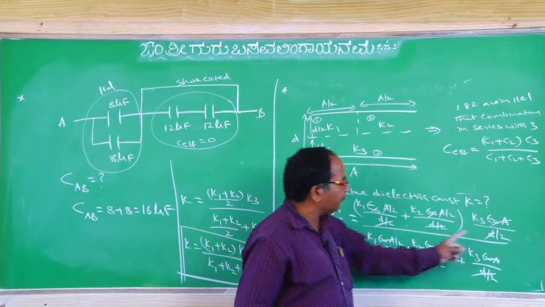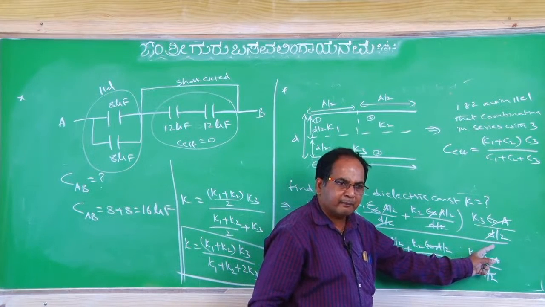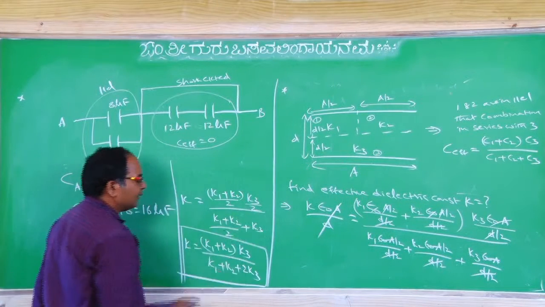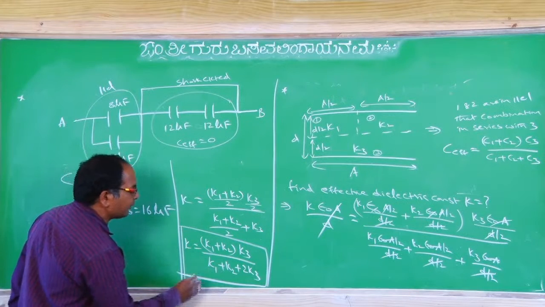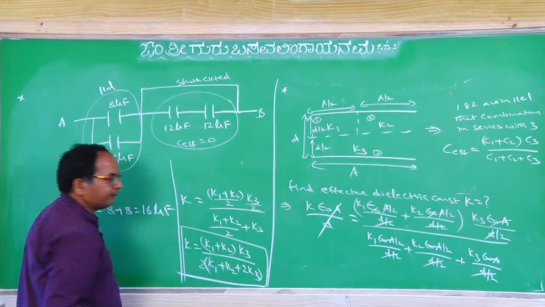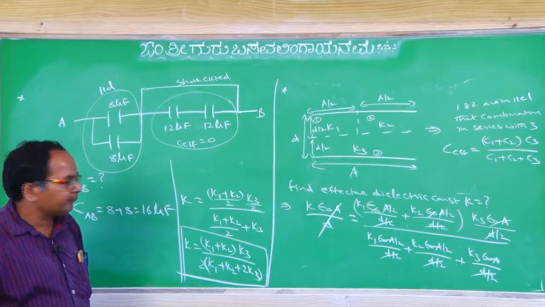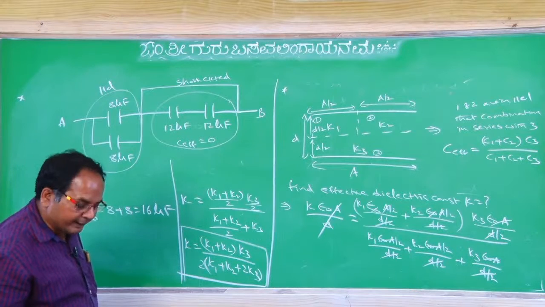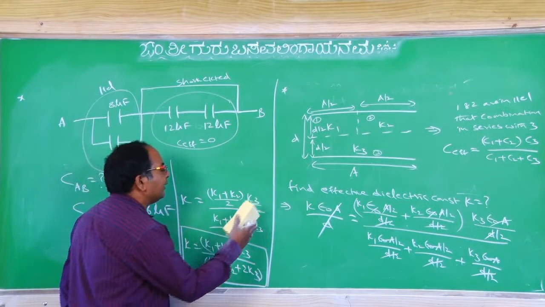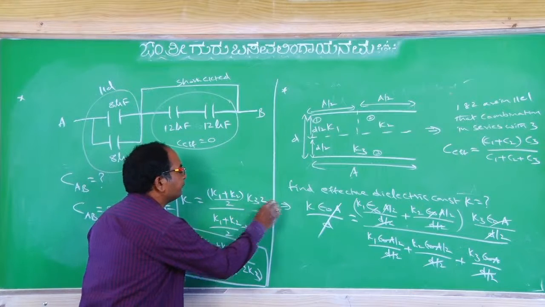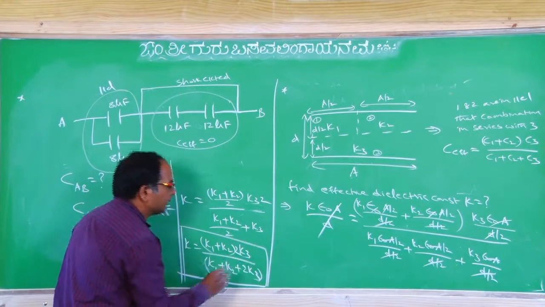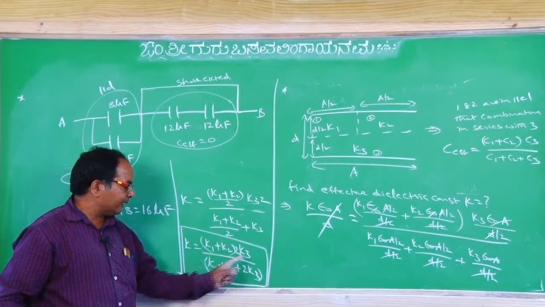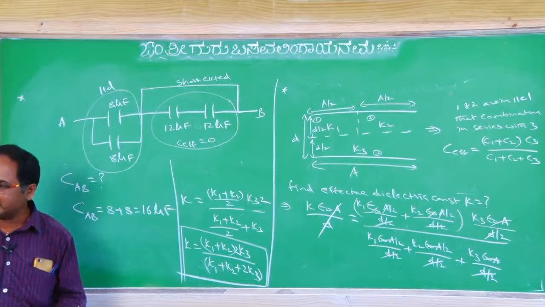So by 2 goes to the numerator: 2K3. So K1 plus K2 into 2K3 by K1 plus K2 plus 2K.